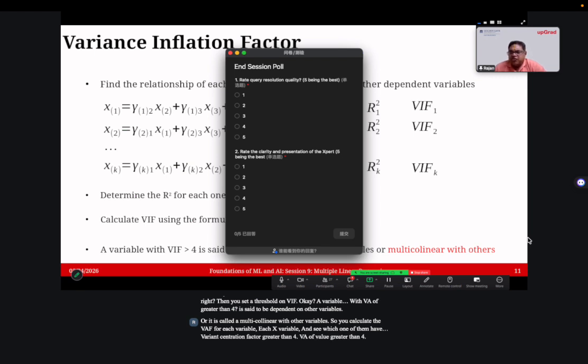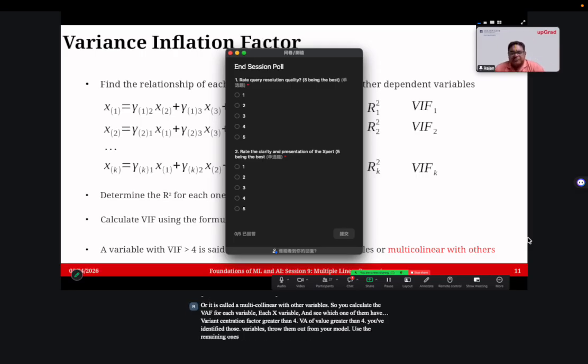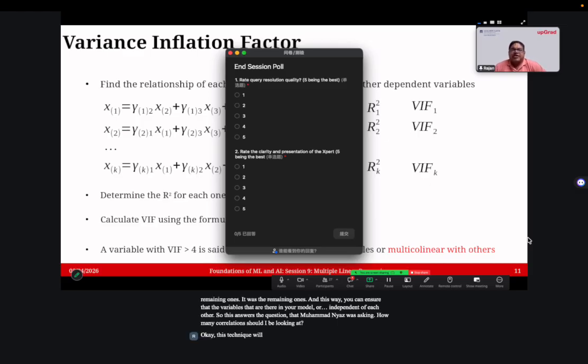You identify those variables, throw them out from your model, and use the remaining ones. This way you can ensure that the variables in your model are independent of each other. So this answers the question that Muhammad Niaz was asking: how many correlations should I be looking at? This technique will answer that question.